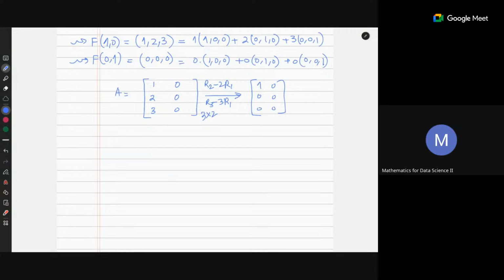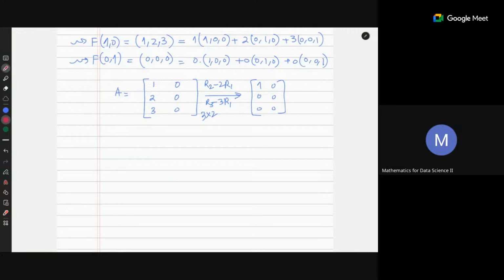Or how many dependent variables, independent variables? So one dependent, one independent variable is there. Yes. So what is the nullity? Nullity is 1. Oh, my bad. Yeah. So nullity is 1.